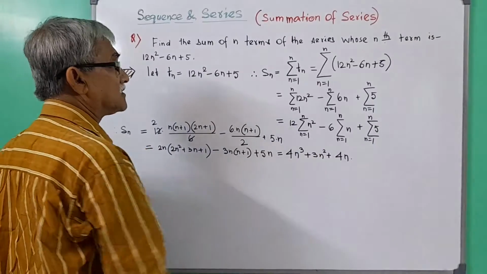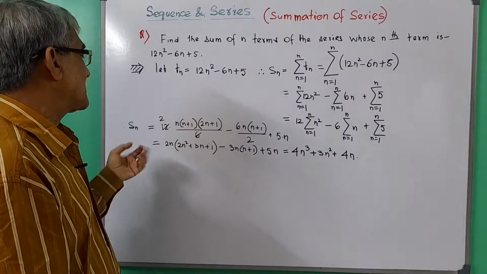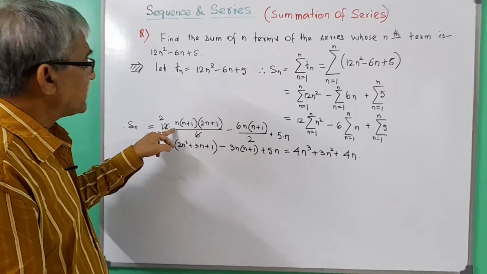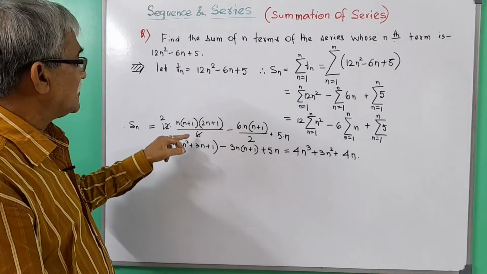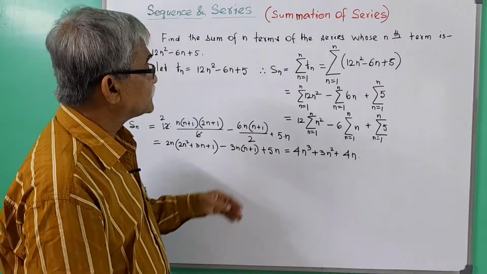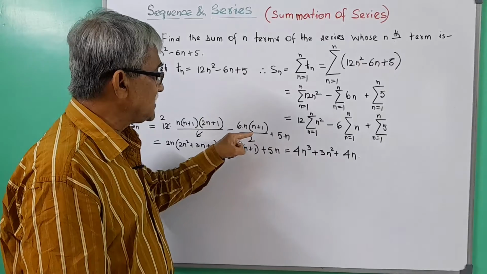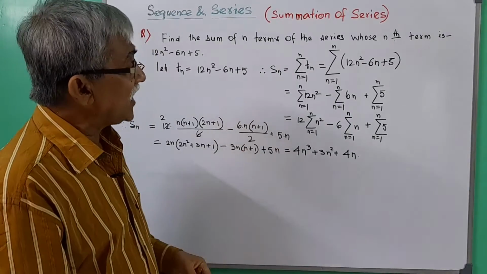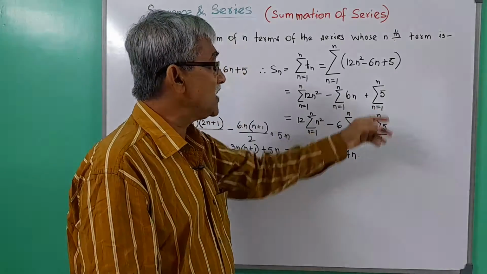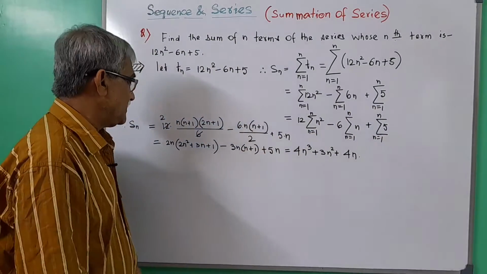Now, this is the summation of the squares of the natural numbers, which you already found. So, 12 into n into (n plus 1) into (2n plus 1) upon 6, minus 6 into n into (n plus 1) upon 2, which is the summation of the natural numbers up to n, plus 5n. Why 5n? 5 plus 5 up to n terms is 5n.